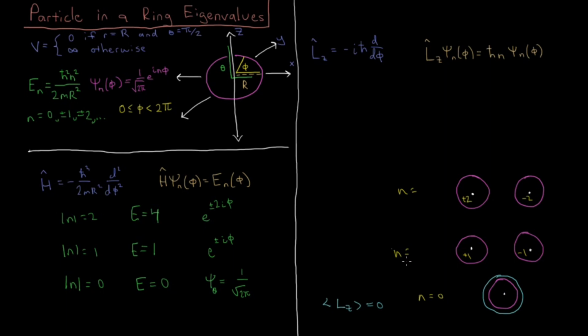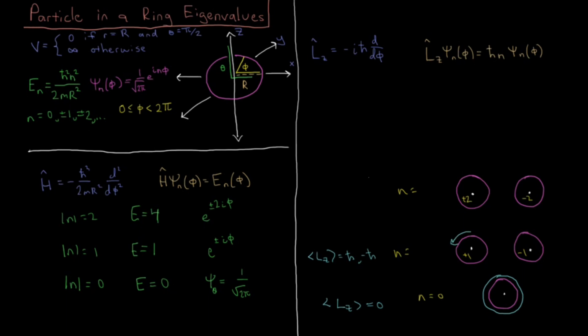Then at the n equals plus and minus 1 states, the expectation values for Lz equal h bar and minus h bar. So that means for our angular momentum, if we say that phi is increasing this way, for plus 1, our particle is moving around.